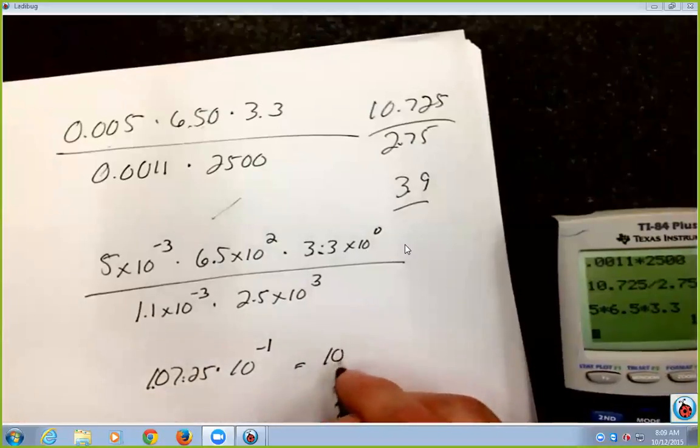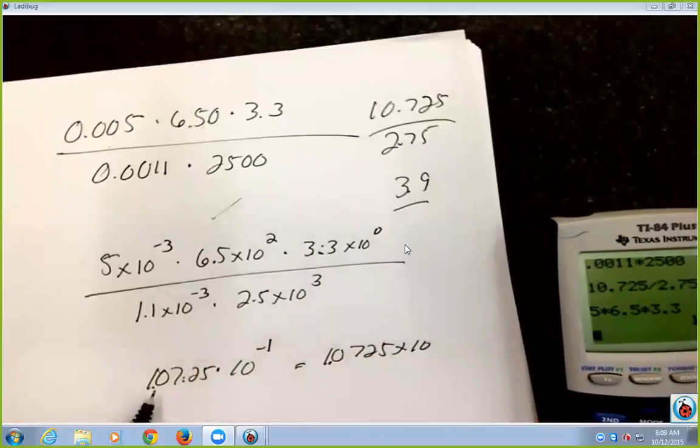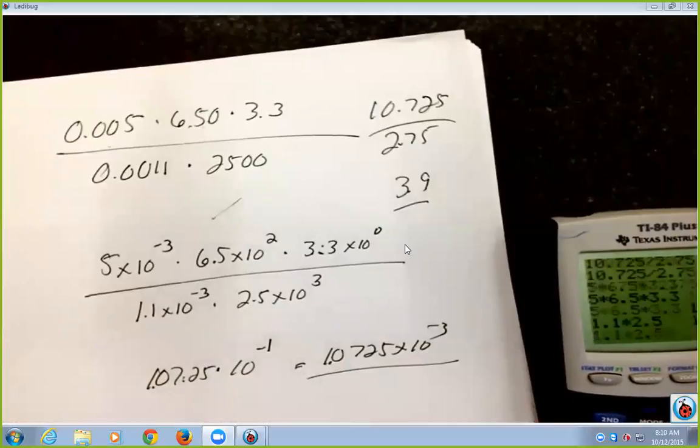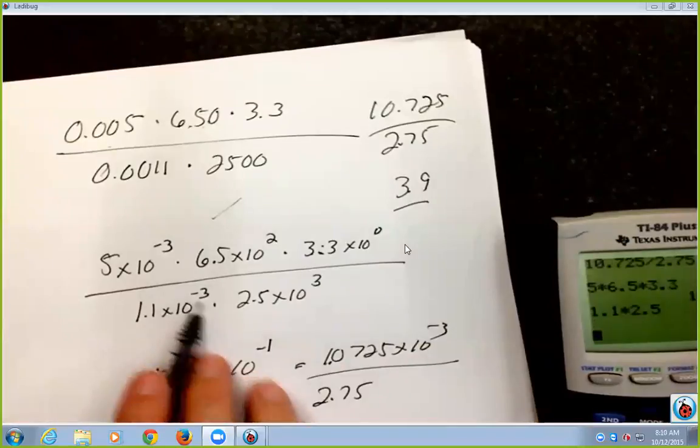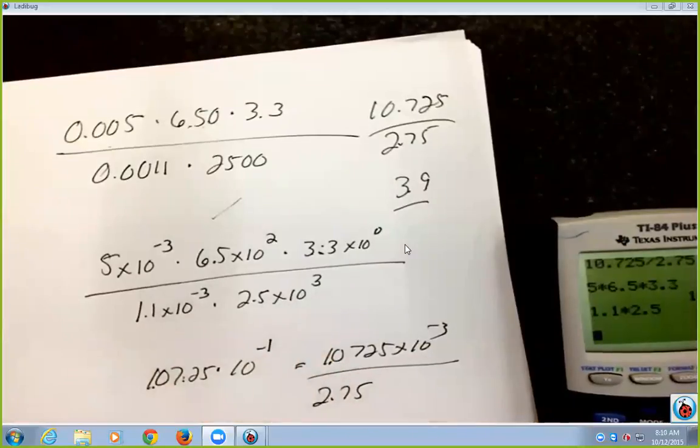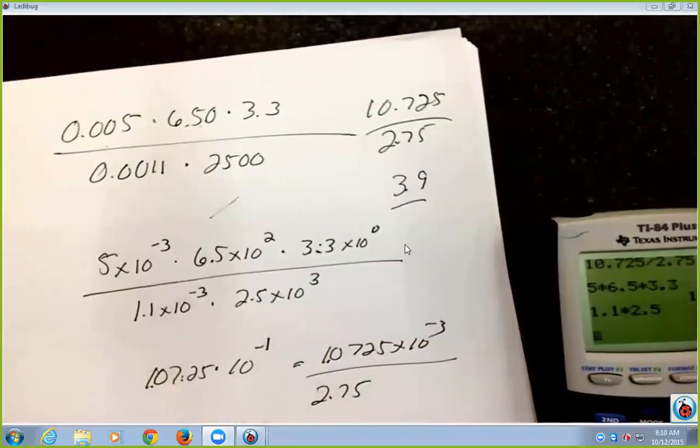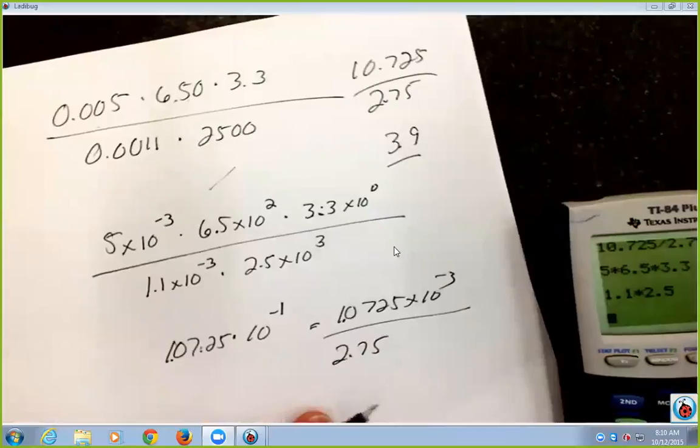So I get 1.0725 times 10 to the negative third. Bottom, 1.1 times 2.5, and that equals 2.75. And these cancel each other out. So then you just stick that on your calculator. Is that what you're asking for? I guess I don't know. Or were you just asking about turning?